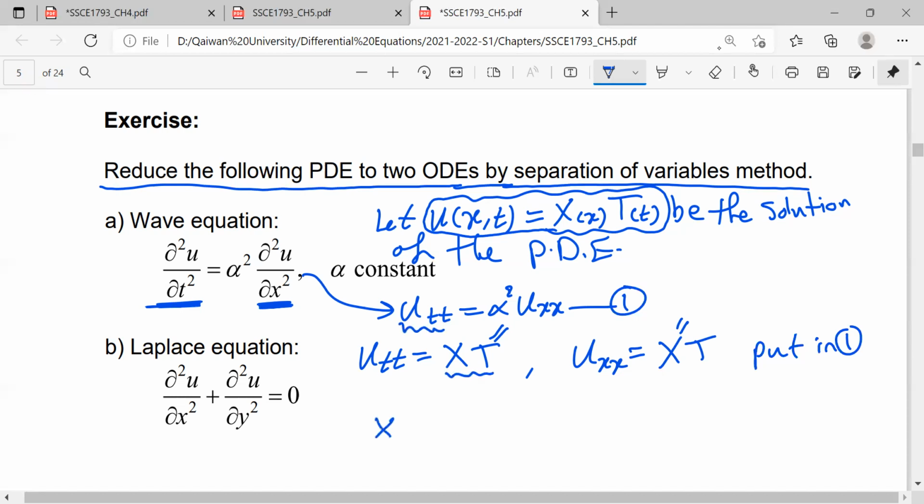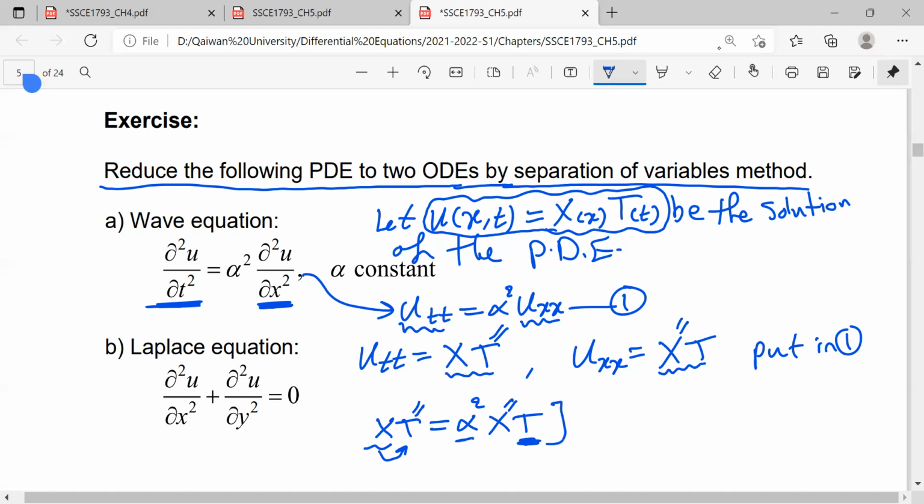We get X T double prime equals alpha squared, and we replace u sub xx by X double prime T. We separate the variables, the variables with the derivatives together on each side of the equality. So here we have X with T double prime, so we must remove this X here, and also this T here and this alpha squared.